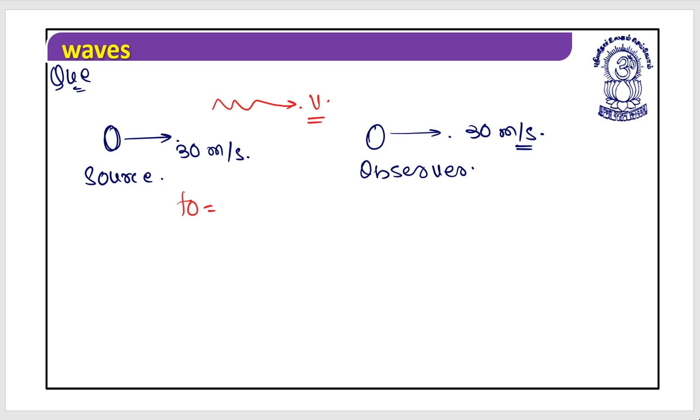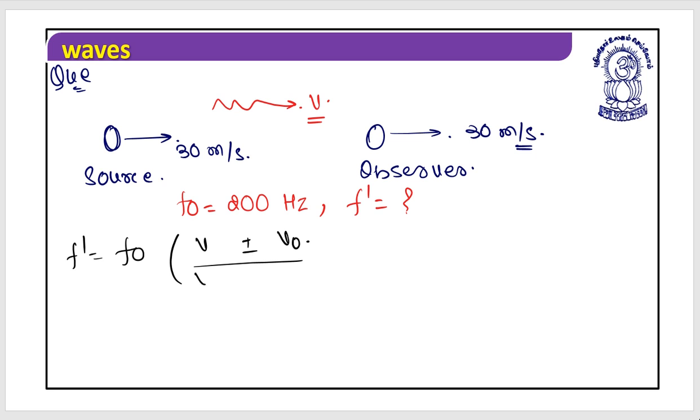If the original frequency f naught is, let's suppose, 200 hertz, we want to find f dash. Let's write down the formula: f dash equals f naught into bracket (v plus minus v naught) divided by (v plus minus vs).